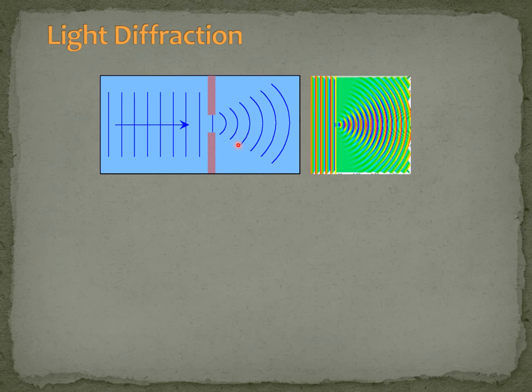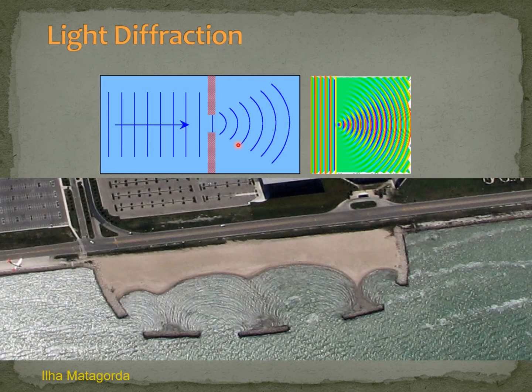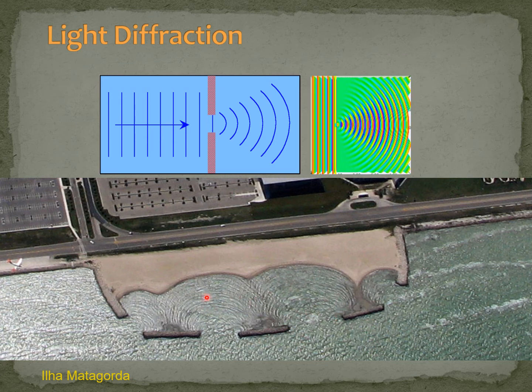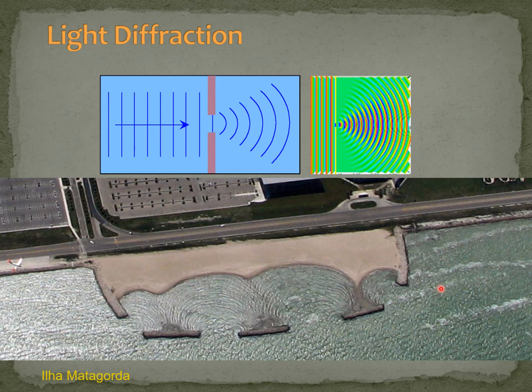It's present in our everyday light. All waves suffer this phenomenon, even large waves, as you can see in this aerial picture of a harbor, where you can see these barriers that prevent the water waves coming, and the effect is easily observed on the sand caused by these waves.